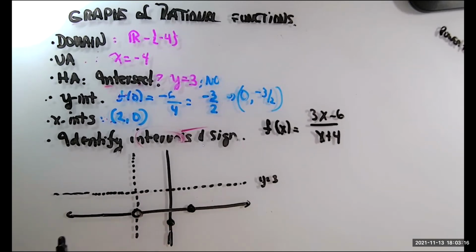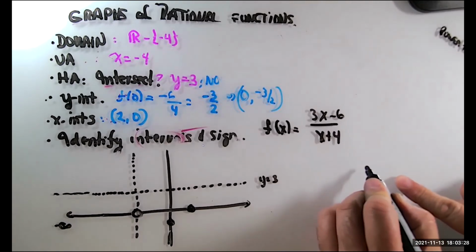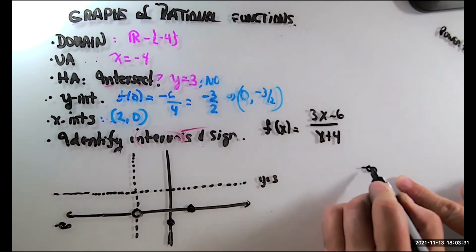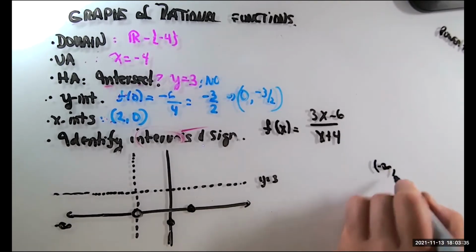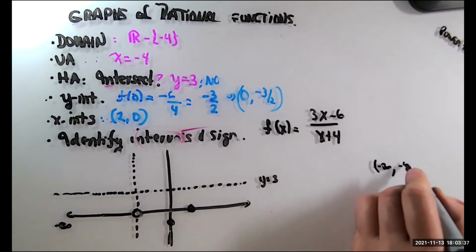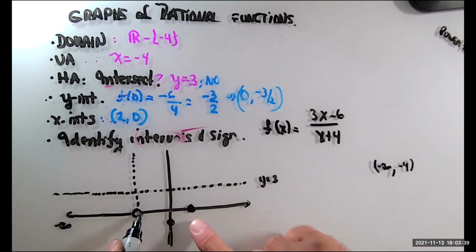Now we have intervals of interest. So what are my intervals? Let's see. My intervals are from negative infinity to -4, then from -4 to 2, this is -4, this is 2.